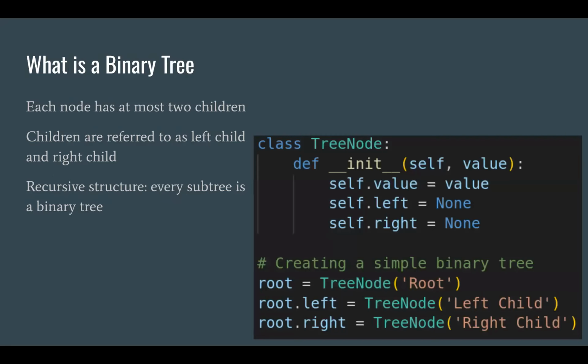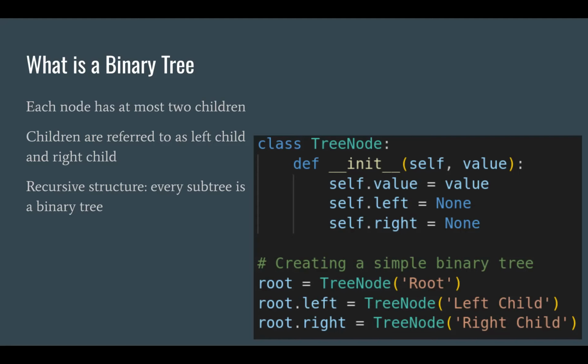So moving on, for this lecture, we are going to focus on a specific type of tree, which is the binary tree. In a binary tree, each node can have at most two children, often referred to as the left and right child.